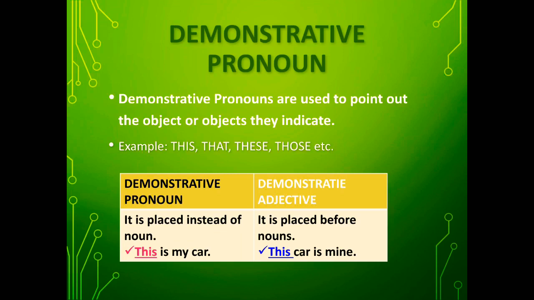When we are saying this is my car, the word this is demonstrative pronoun. But if we say this car is mine, here the word this is placed before a noun. That is why here it is acting as an adjective. I hope you understand it.